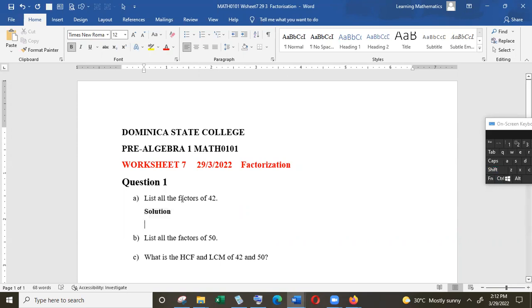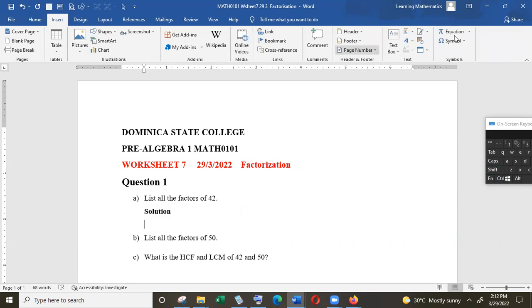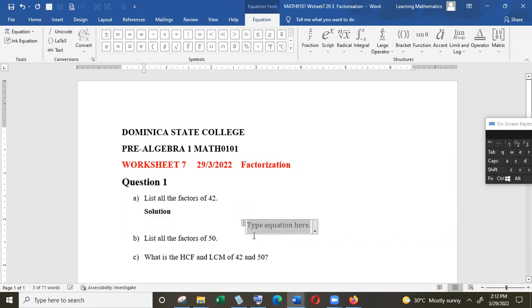To find the factors of 42, we need to find all the numbers that go into 42 without leaving a remainder. All the factors of 42. This can be easily done by listing.